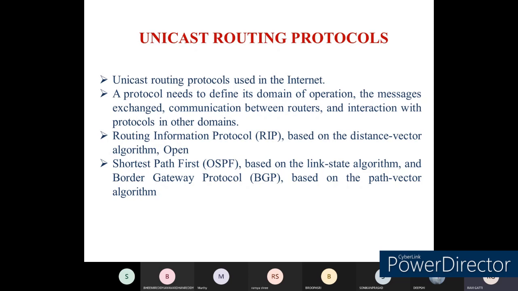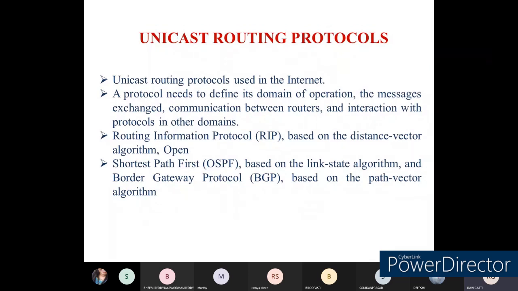So there are different varieties of unicast routing algorithms. Among them, we will be studying three important unicast routing algorithms. One we call the Routing Information Protocol, that is RIP. This routing algorithm is based upon the distance vector algorithm which we have studied.